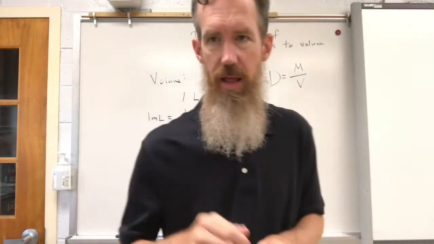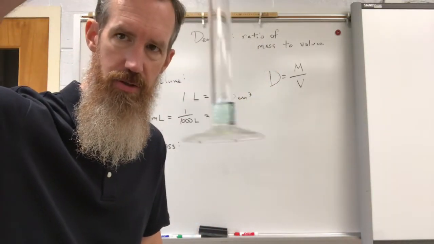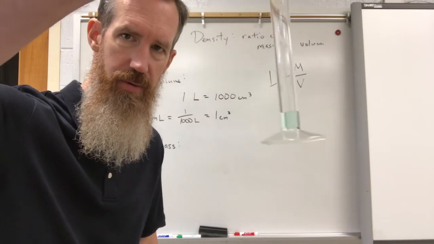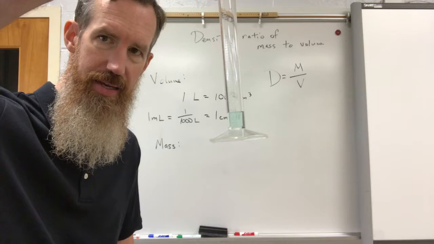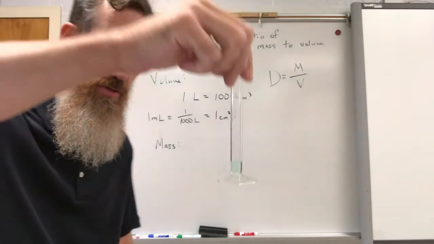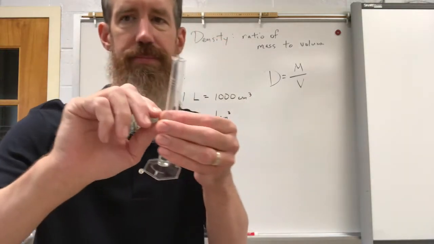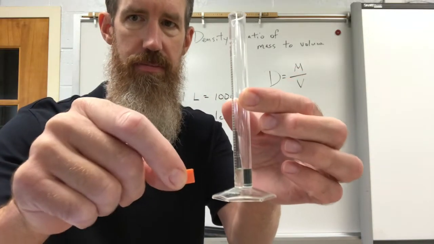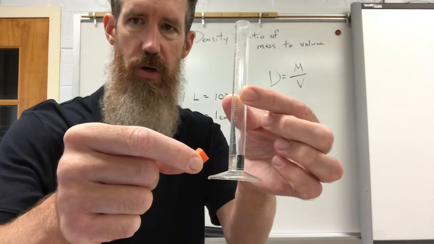But in this little tube, I have a little bit of liquid, slightly colored. This little bit of liquid is a milliliter. That volume and this volume are the same.